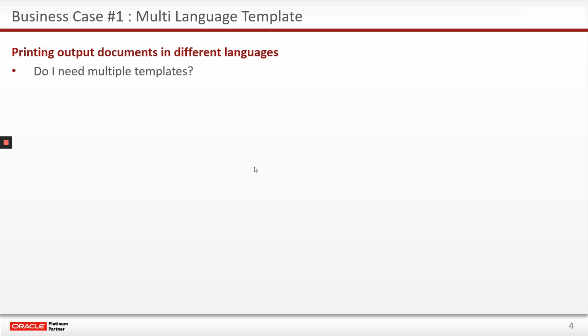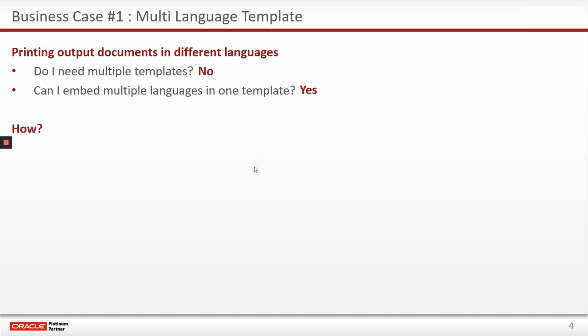Is it possible to create just one template with different languages embedded? Well, the answer to the first question is no, you don't need multiple templates because, of course, you can embed multiple languages into one template.